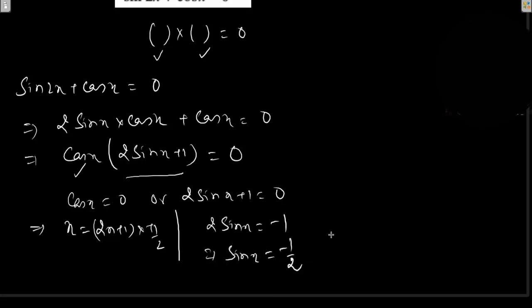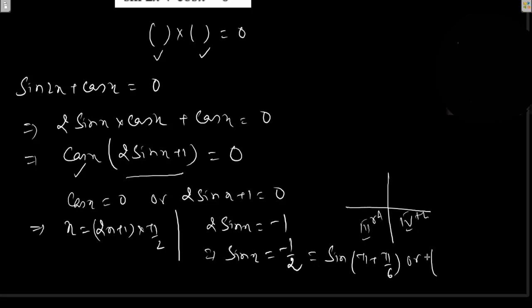Now, my sin x is coming in negative. So where is sin x negative? In the third quadrant and fourth quadrant. Right. So if you know the value, I can just write minus 1 by 2 as sine of (pi plus pi by 6). We know that sine of (pi plus pi by 6) is in the third quadrant, and sine pi by 6 will be 1 by 2, but when it comes out it will be again negative, minus 1 by 2.